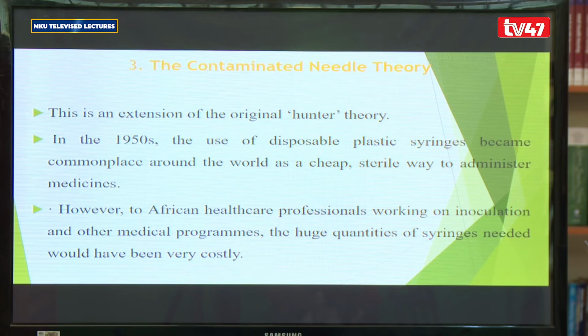So there was a need to sterilize the needles. And then we talk about the contamination of needles, meaning that there could be high chances of recycling the needle. And in the process of trying as much as possible to sterilize, some may not have been passed through the proper way of sterilization.